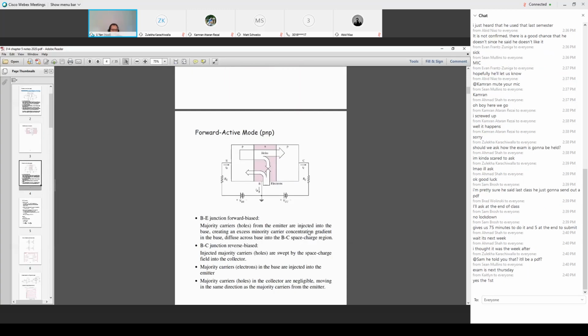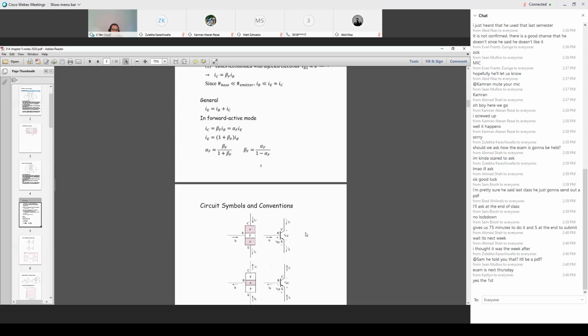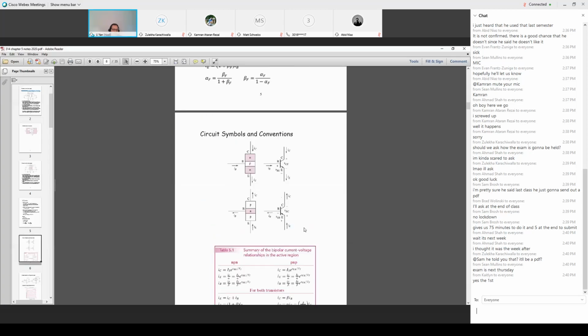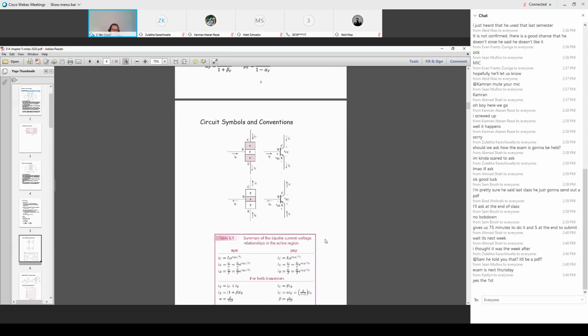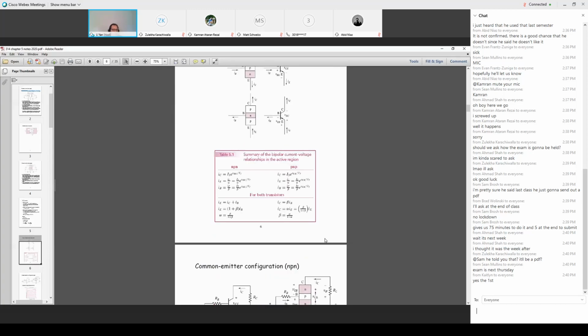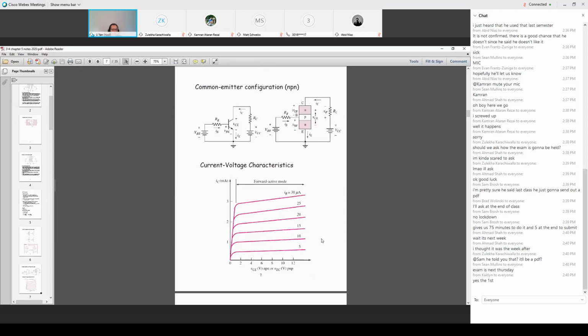Okay, so let's look at the transistor circuit. This is the transistor symbol, the NPN material, and then the circuit symbol, the PNP structure, and the corresponding circuit symbol. One on the left, one on the right. So this is the first transistor circuit configuration. We use an NPN bipolar junction transistor.